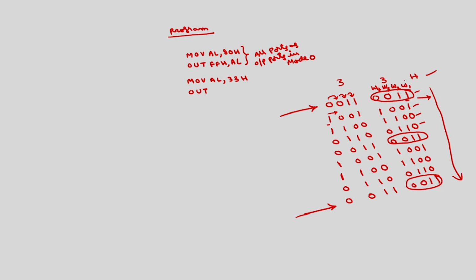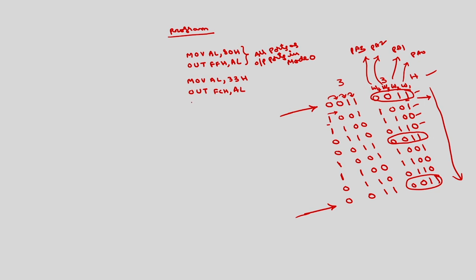You have to output this onto port A, because W1 is connected to PA0, this to PA1, this to PA2, this to PA3. So OUT onto port A, whose address is FCH, comma AL. The first sequence is given, then you have to give the sequence in order.